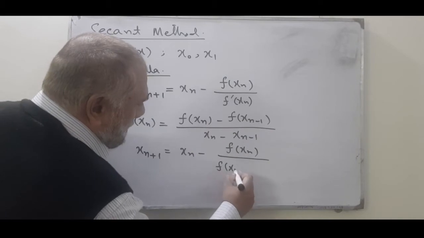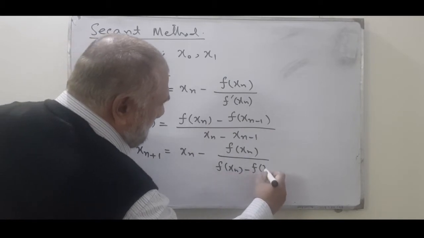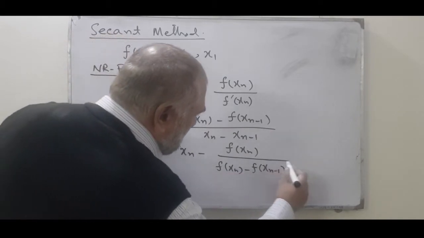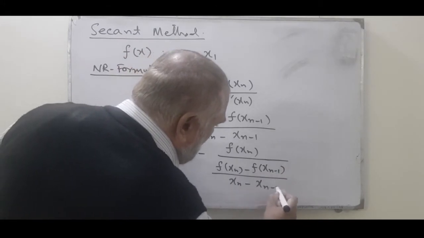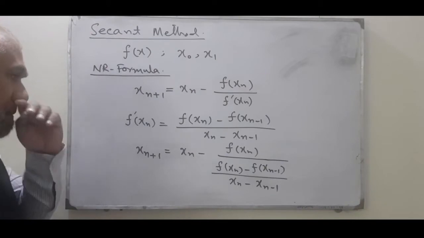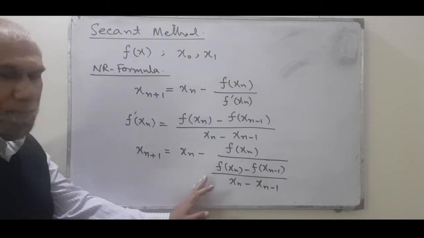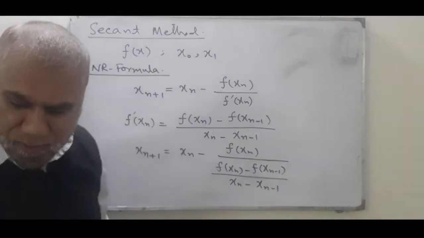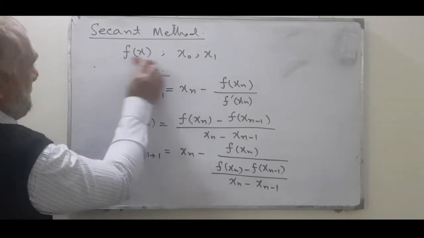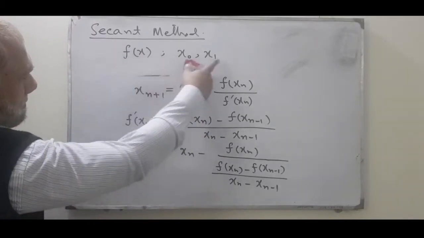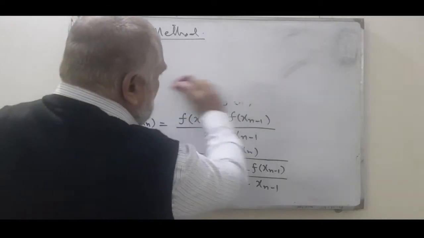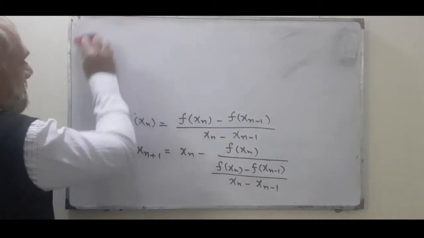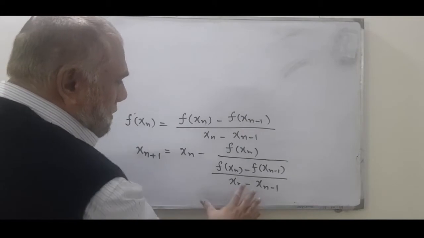So here we write down f(xn) divided by (f(xn) - f(xn-1))/(xn - xn-1). Now you have to simplify, and when you simplify it, you will get a beautiful result. Keep this in mind. Okay, now we simplify this.